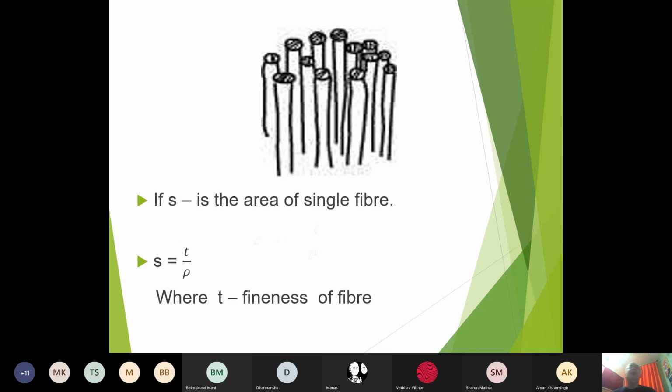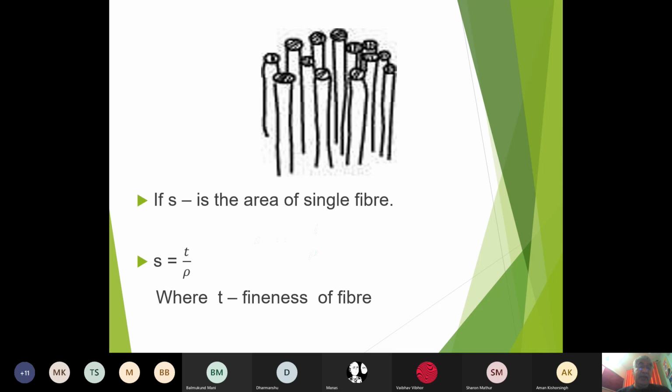Now you see that we have got two areas, but now let's look at a yarn. I'm assuming that these are my fibers and they are all straight and parallel in the yarn. That is the assumption.